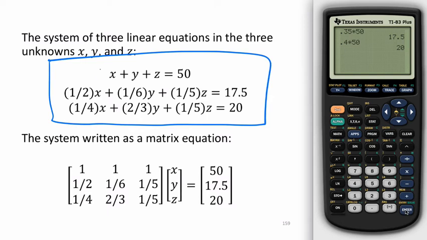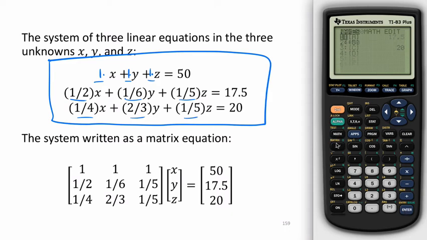There's a 1 here, a 1 here, and a 1 here implied. So 1, 1, 1 is the first row of the coefficient matrix. 1/2, 1/6, 1/5 is the second row. 1/4, 2/3, 1/5 is the third row.